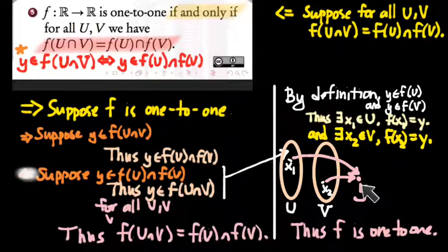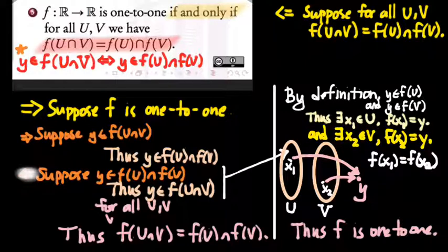Assuming that f is one-to-one, we get to conclude that x1 and x2 are in fact not different. In fact, they're the same element. Let's write that rigorously, and then we'll be done with what I want to prove right now. So looking at what's written here, f of x1 is equal to y, and f of x2 is equal to y. So in particular, f of x1 is equal to f of x2, because they're both equal to y, right?